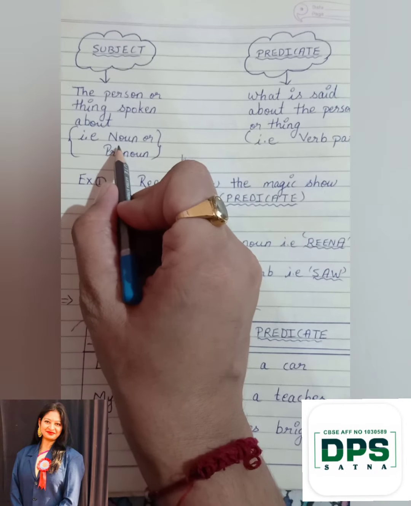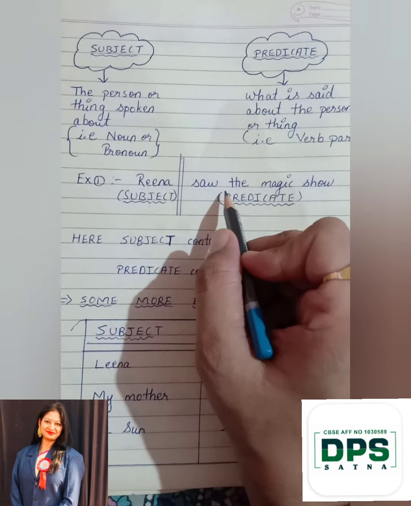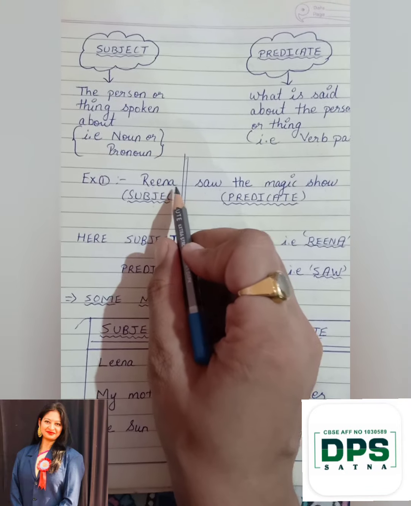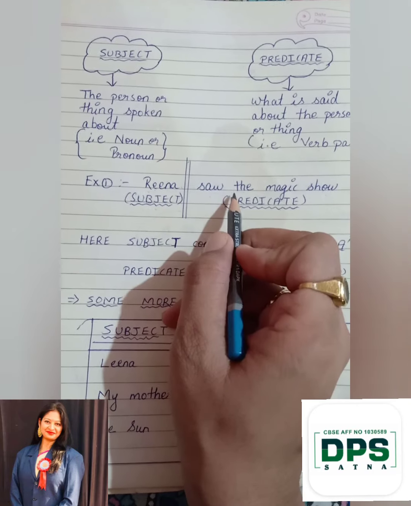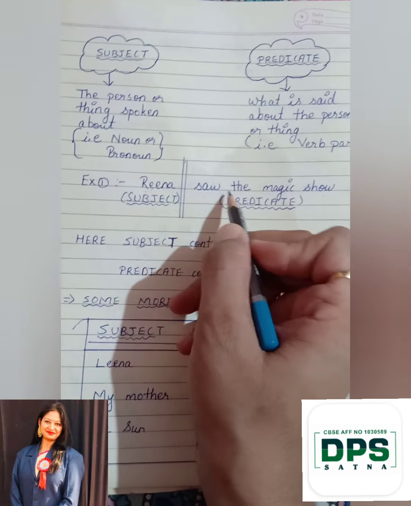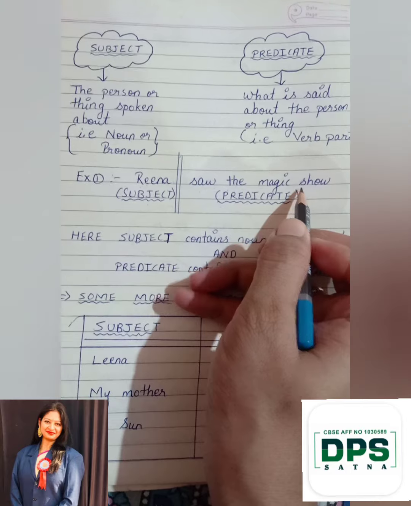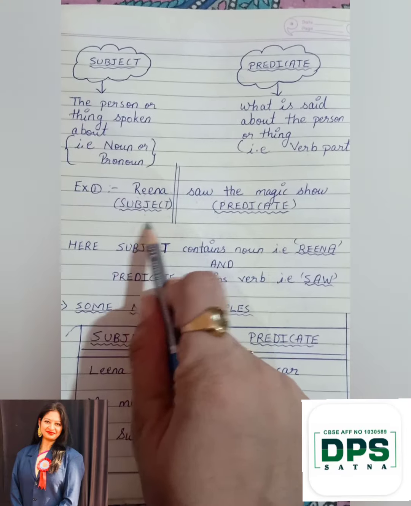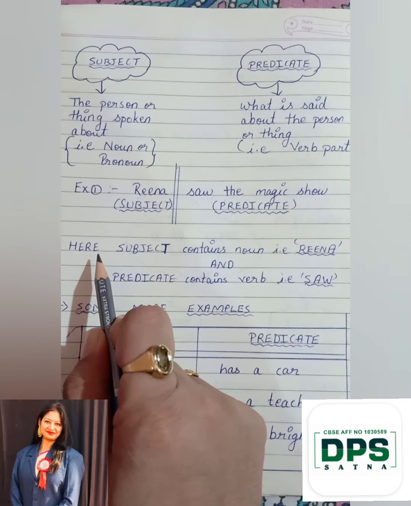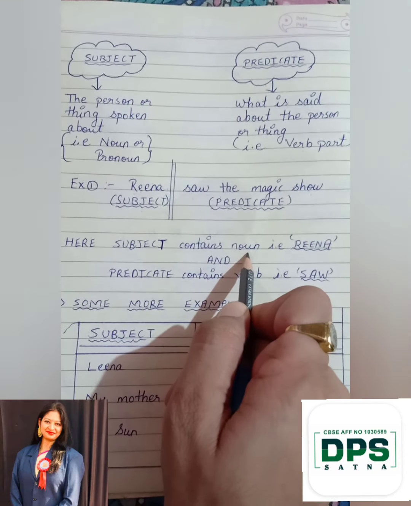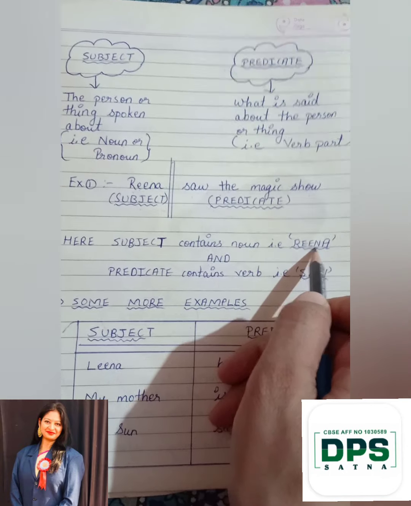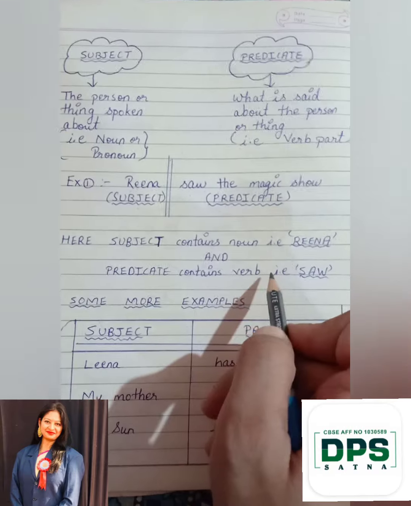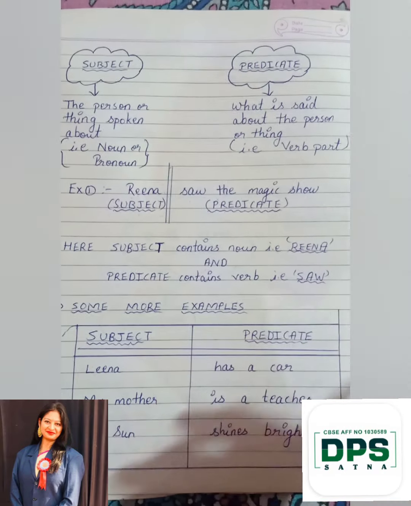Reena is noun and saw is verb. So, after the subject, the rest part is known as the predicate. Here in this sentence, subject contains noun, that is Reena, and predicate contains verb, that is saw.